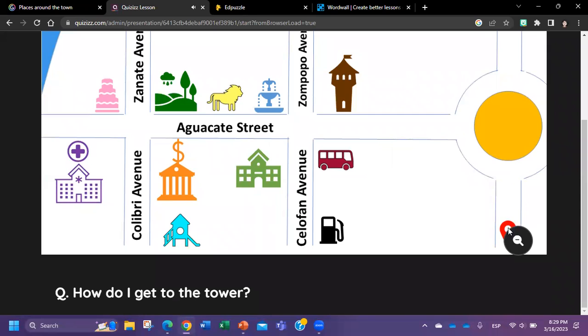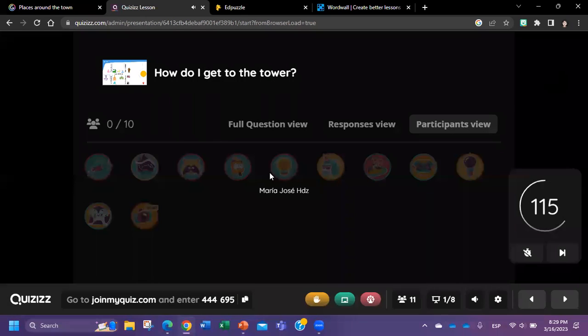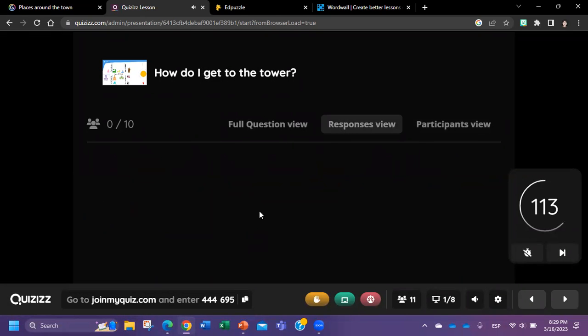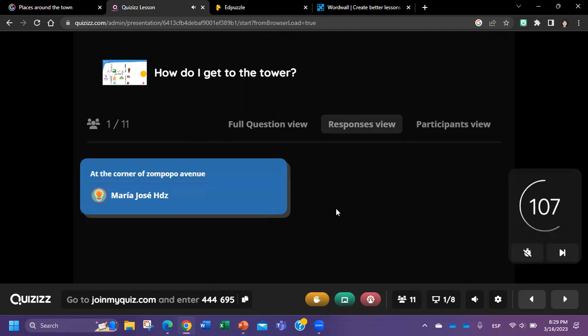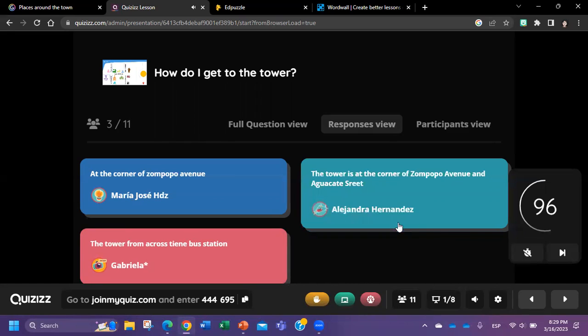Remember, focus on where you are and try to create the best possible way to get from here to the tower. Okay. So how do I get to the tower? At the corner of Sompopo View. Okay. Thank you.